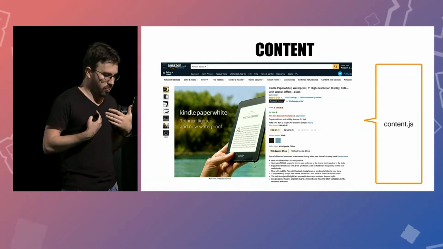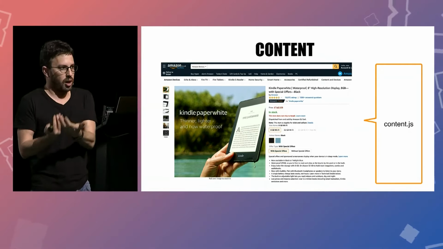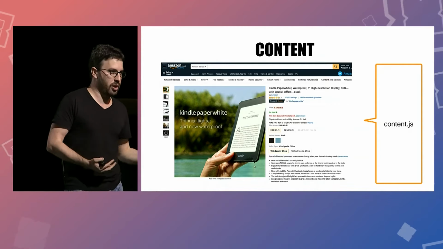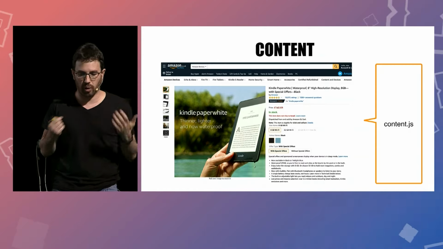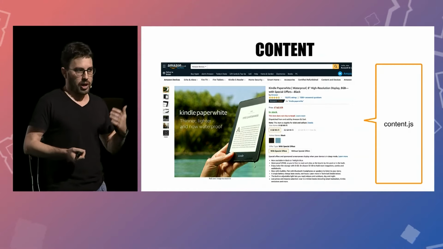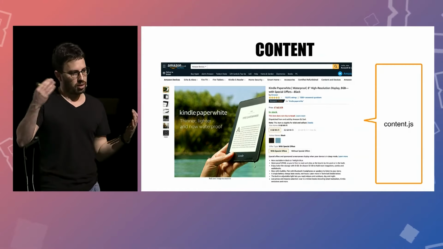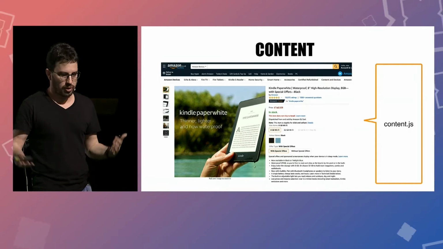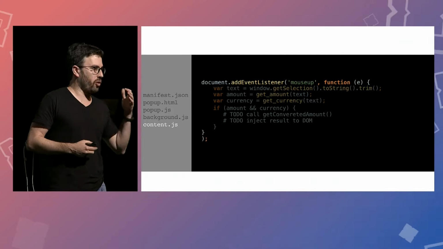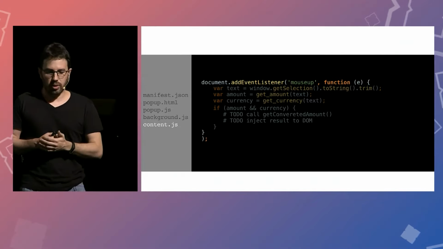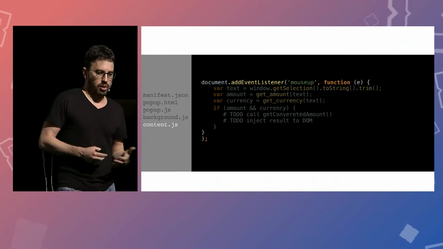But the more interesting one, at least for me, is the content context, because there you can actually interact with the user's browser. After the page finishes loading, you can run some of your JavaScript if you put it in a content.js. So this is how it looks. We have an event listener for mouseup.